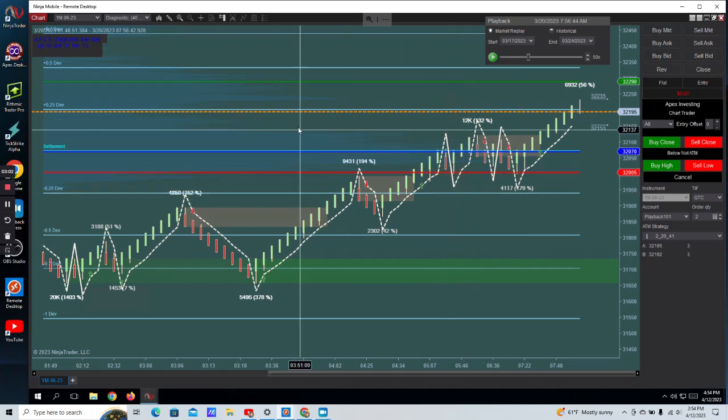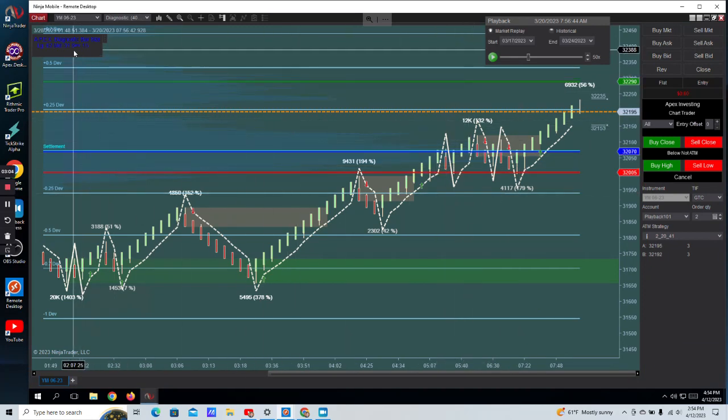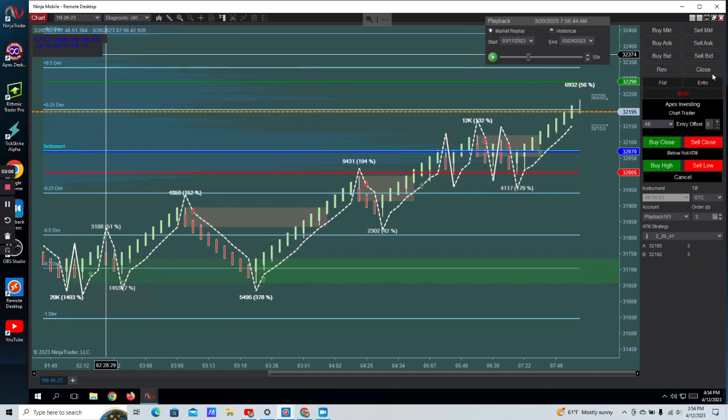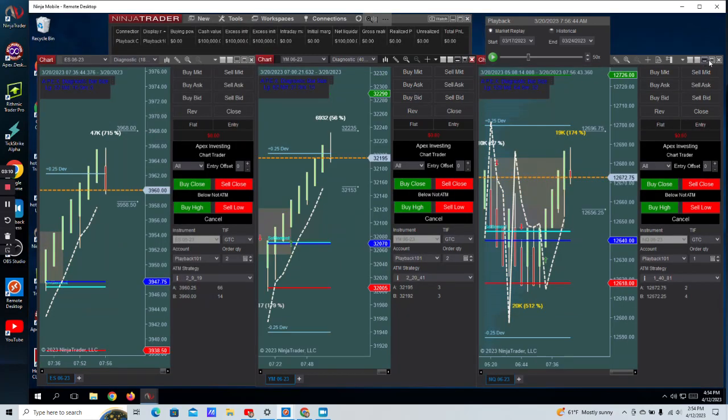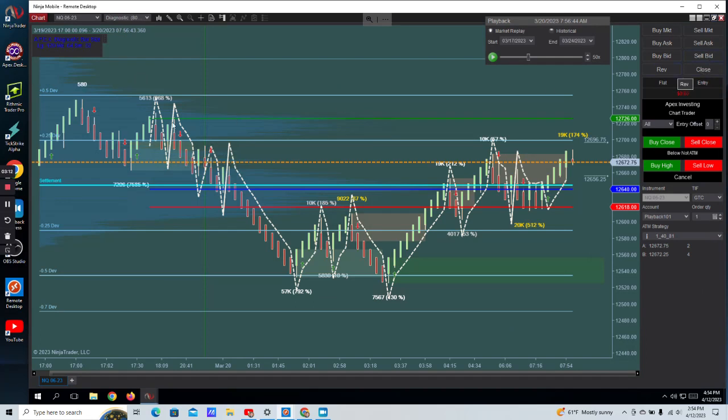For YM, we have 40, which is the medium set at 31. So it's a good amount bigger. And then in NQ, medium 64, we have it set at 80.